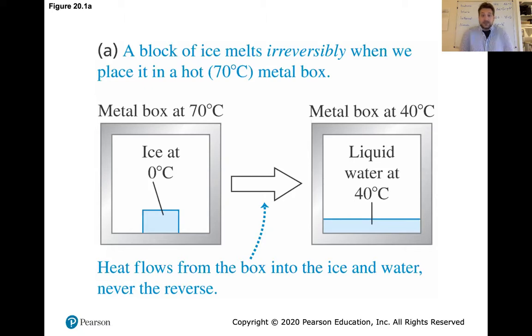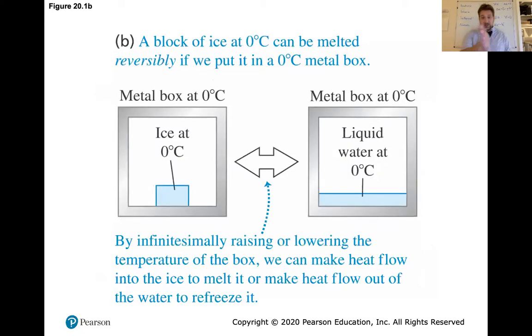It's a much stabler equilibrium than this one. This one is as stable a temperature equilibrium, but we can actually push the phase back and forth. We can reverse this process with an infinitesimal temperature change. And that's the key.